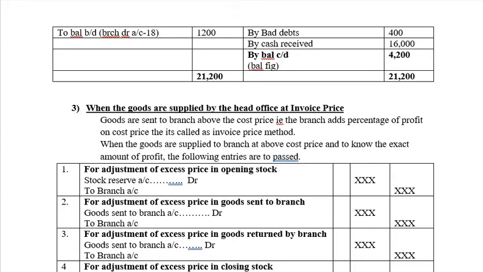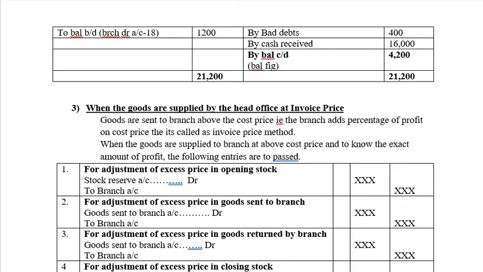Now how do you recognize whether these goods are being sent to the branch at invoice price? We have seen this in consignment also, that is the goods are being sent to the branch by adding the amount of profit to the cost price, and then sending them to the branch.